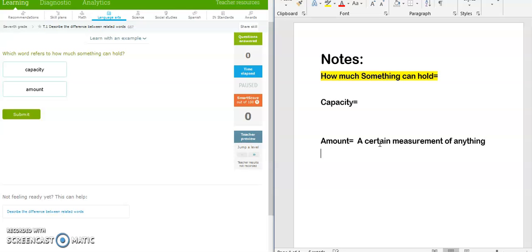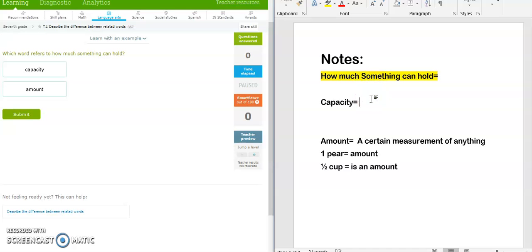So I could have one pair. One pair is an amount. I know that a half a cup is an amount. But these don't really tell me about how much something can hold. These are just different measurements of different things. An amount is like a measurement.